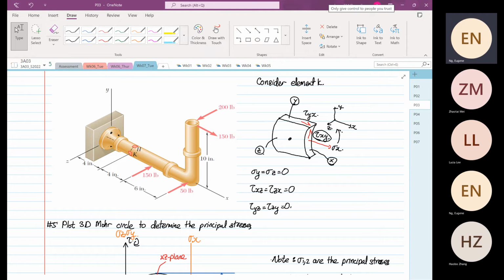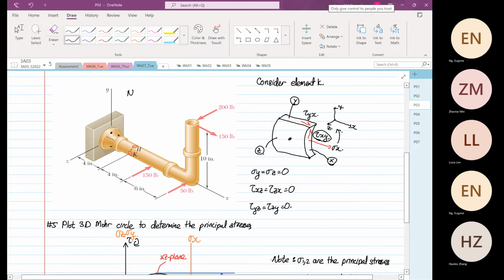So we realize that this is not loaded in a unidirectional loading condition, right?